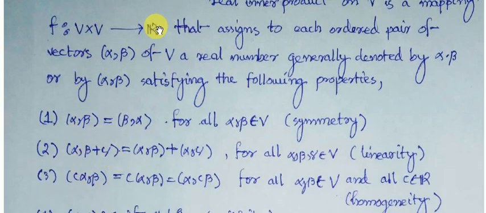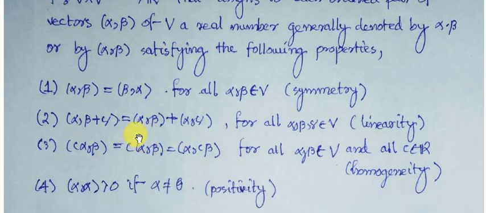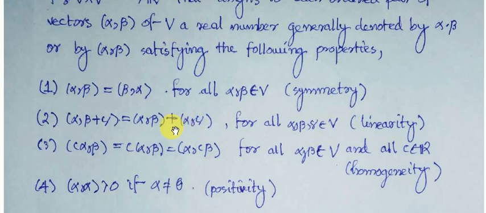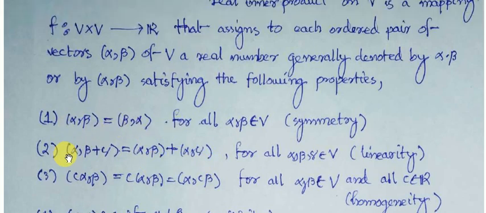And if we individually consider the two points alpha comma beta and alpha comma gamma separately and calculate the value of alpha beta under this function f and the value of alpha gamma under this function f, these will be two real numbers, and if we add these two real numbers, the sum will be equal to the real number obtained for the point alpha comma beta plus gamma. This is termed as the linearity property.